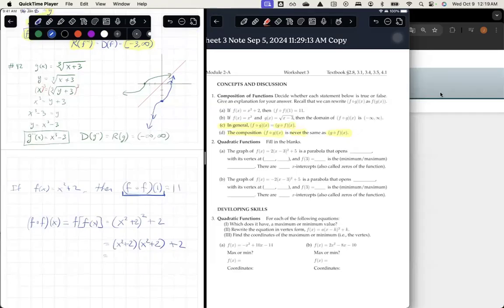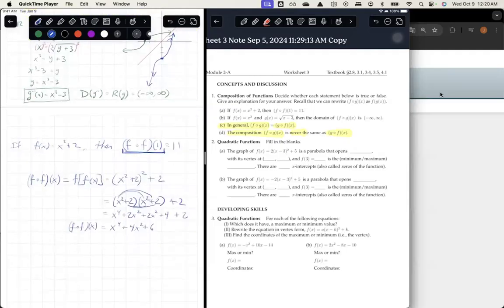If I do a little bit of foiling here, x squared times x squared is x to the 4th. x squared times 2 is 2x squared. x squared times 2 is 2x squared again. And 2 times 2 is 4. And there is a 2 there. So we have f of x. It is x to the 4th plus 4x squared plus 6.